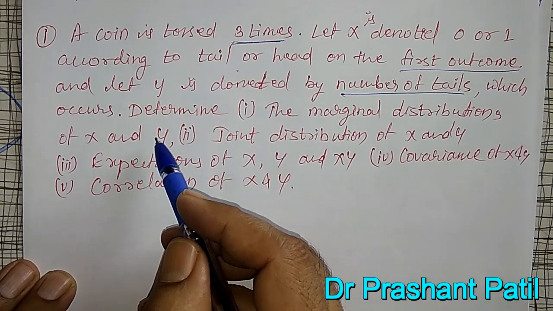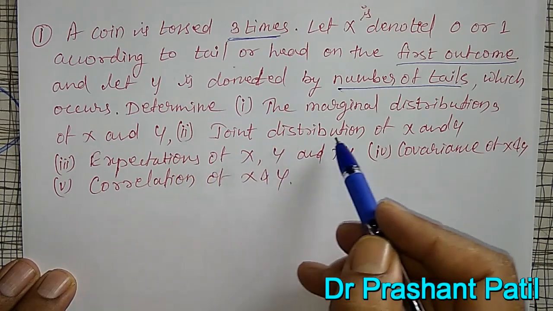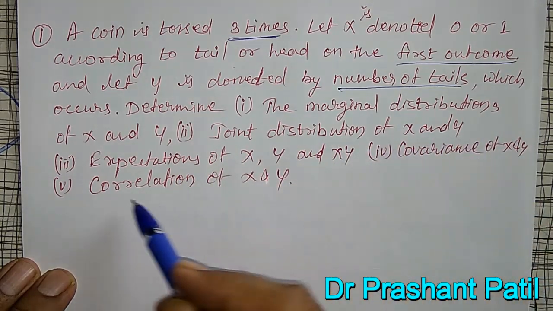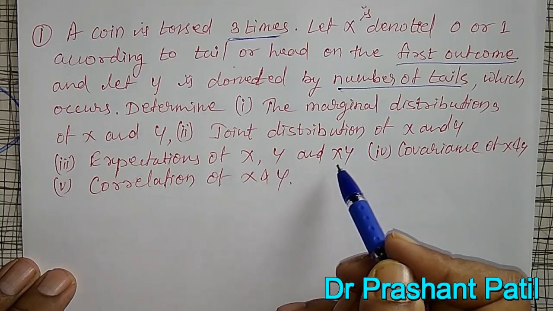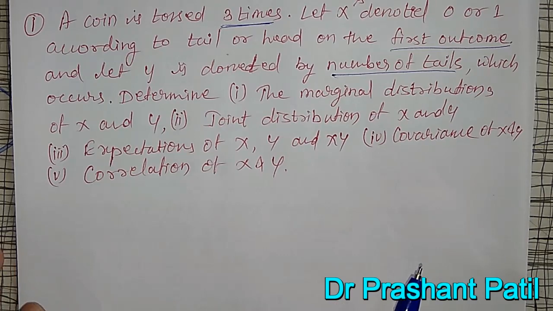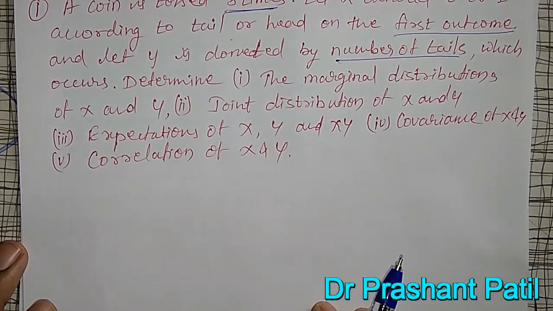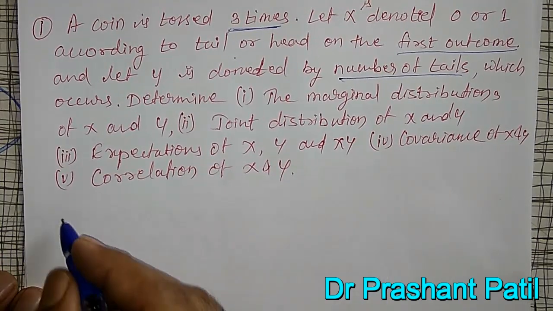Determine the marginal distributions of x and y, joint distribution of x and y, expectation of x, expectation of y, and expectation of xy, as well as covariance of x and y, and correlation of x and y also. Let me define one by one here.